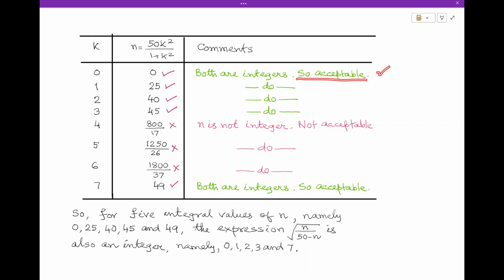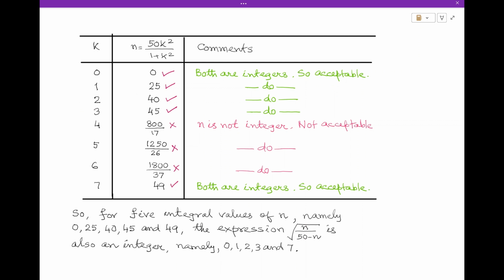Similarly, when k is equal to 1, n becomes 25. Since both are integers, that value is also acceptable. So you please check yourself that when k is equal to 2 or when k is equal to 3, n becomes 40 and also then 45.